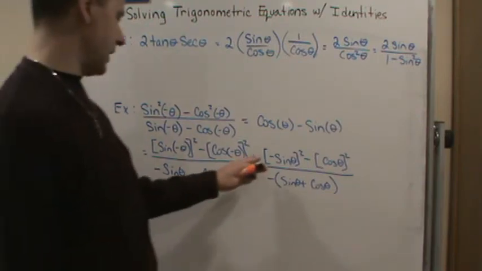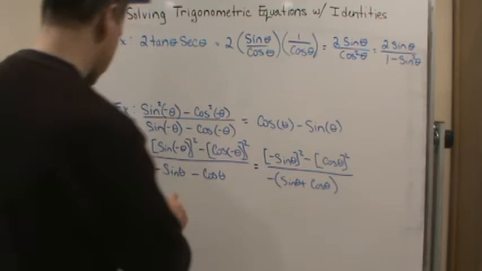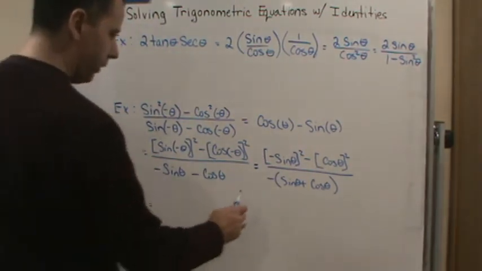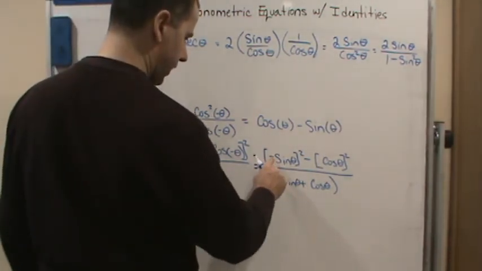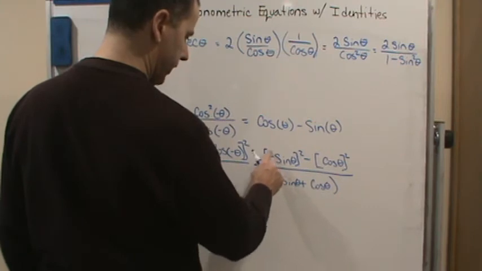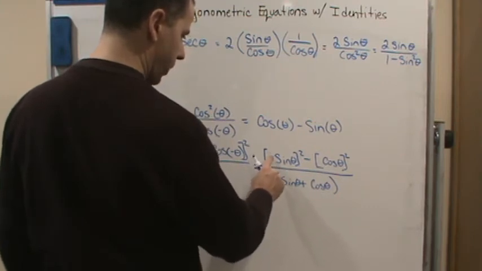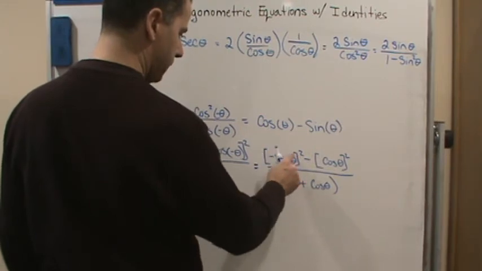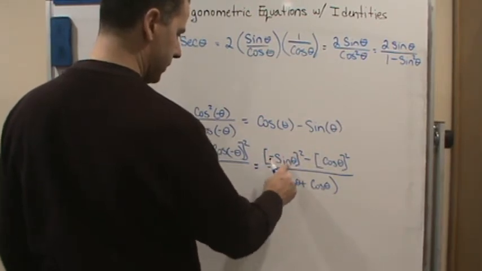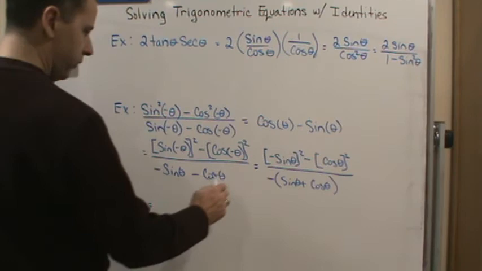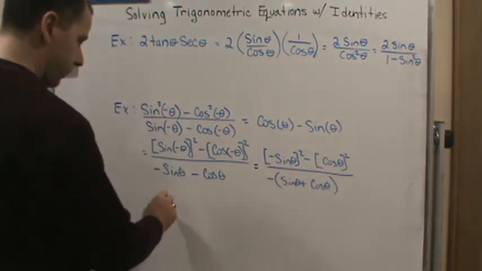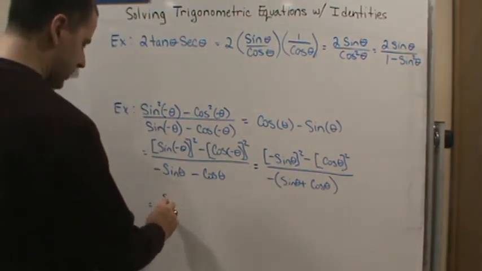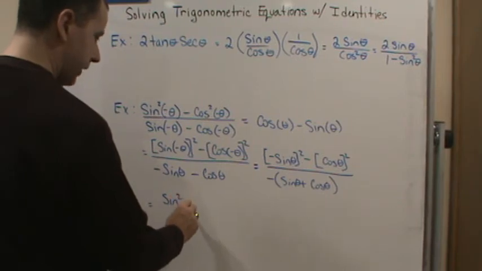So now let's do the top here. Okay, so what happens on the top? Well, I got a negative 1 here, right? Think of this as I'm multiplying by a negative 1, and I've got this exponent, so I can use the power property of exponents, and I get negative 1 squared times sine squared theta. So negative 1 squared is just 1. And so I end up with sine squared theta.